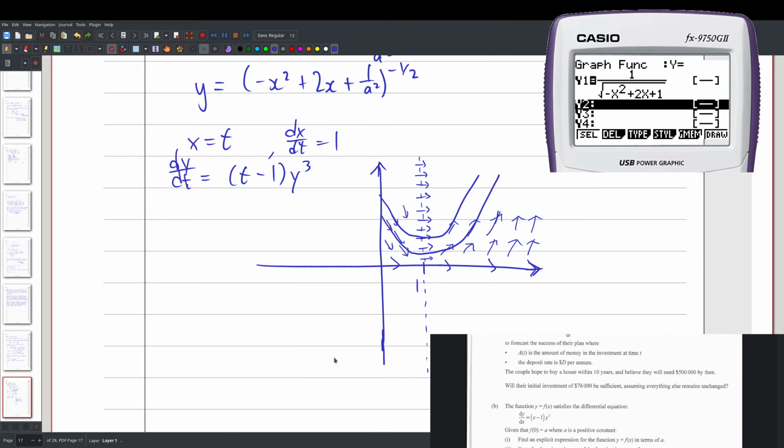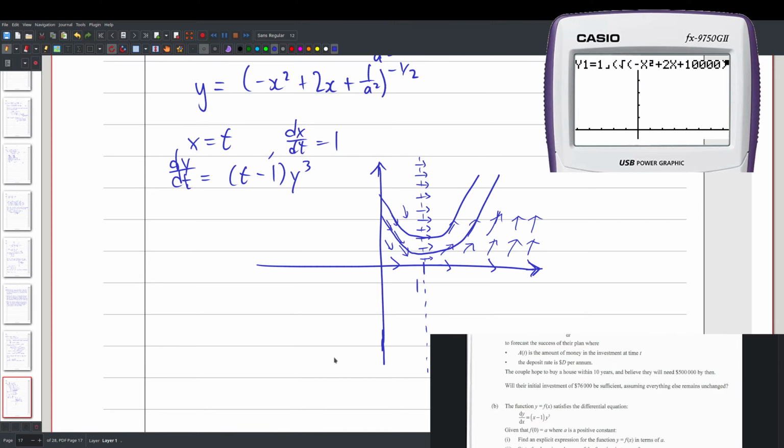Kind of suspicious. So what if a is just 1,000? Oh okay, it just doesn't go anywhere. Go about something like 10.